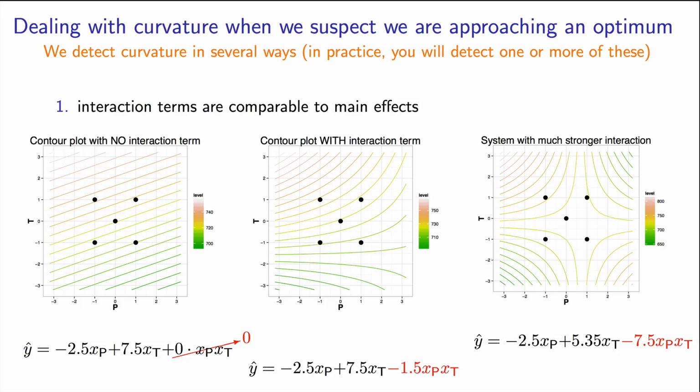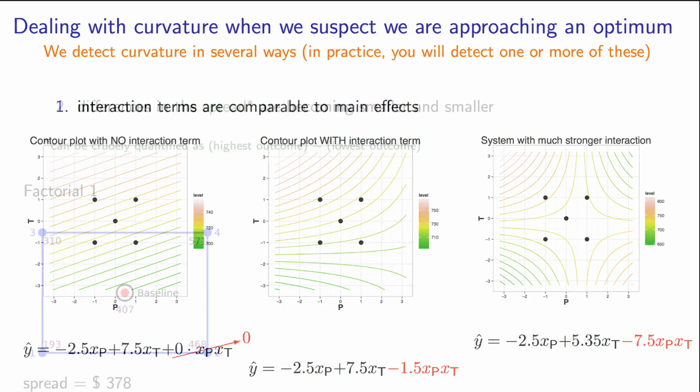We're becoming more nonlinear and likely approaching an optimum. It is desirable to know when this is happening. And one indication of that already is that our interaction terms are large. They cannot be ignored. And visually, we see that as these non-parallel lines in the contour plot.